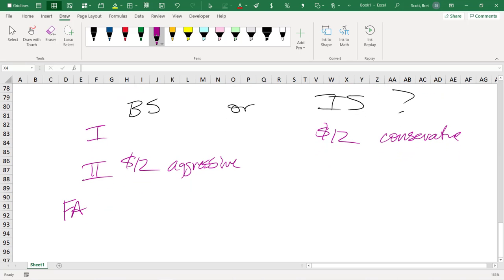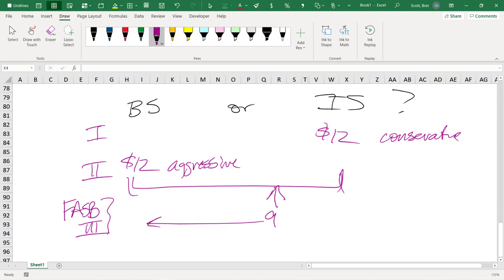FASB says option 3, somewhere in the middle. In this case, we'll choose 9. $9 can be capitalized. The remaining $3 can be expensed. And that's the process of determining avoidable interest, how to compare that to actual interest, to determine the overall amount that we can go ahead and capitalize.